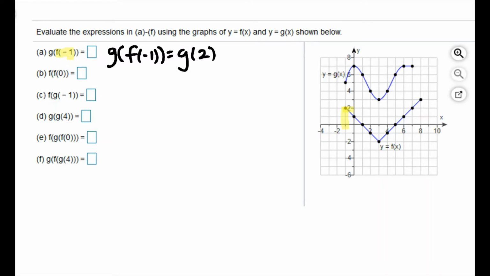So now I have the symbols g of 2. Now that 2 was a y value for f, but now it's an x value for g. So I'm going to go to where I have an x value of 2, go up to the graph of g, over to the y value, I've got a y value of 4, so this is going to equal 4.